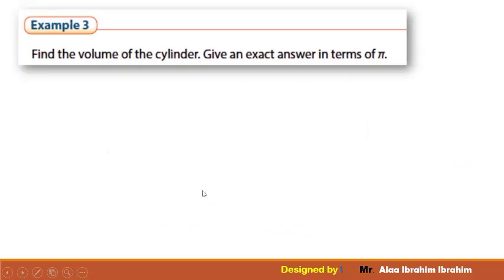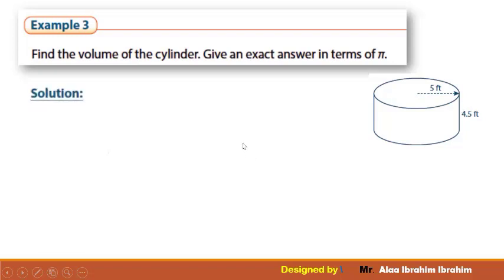Now we're going to example 3, volume of a cylinder, and put your answer in terms of pi. Don't change it to 3.14. Let it stay with pi. This is my cylinder, this is my R, you remember, my radius, and this is my H, capital H, the height of the prism. How do I find this?